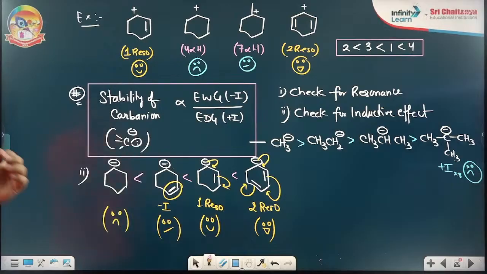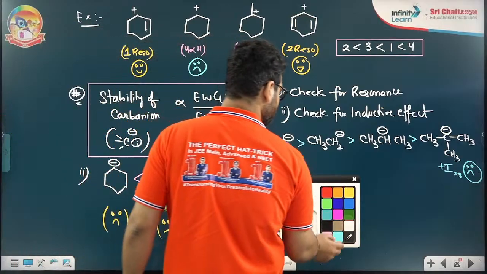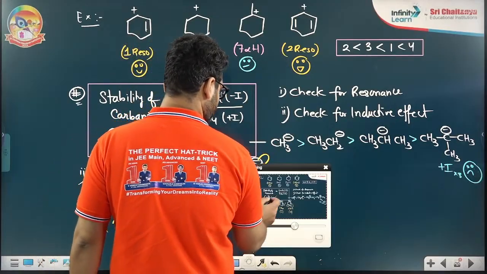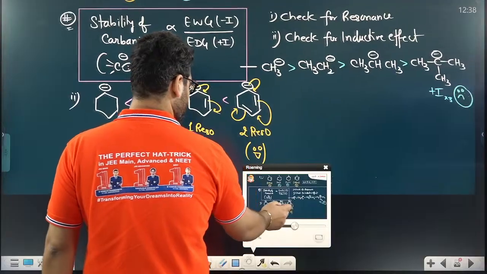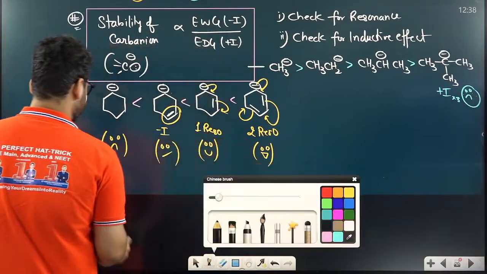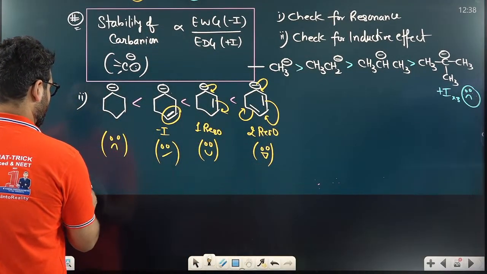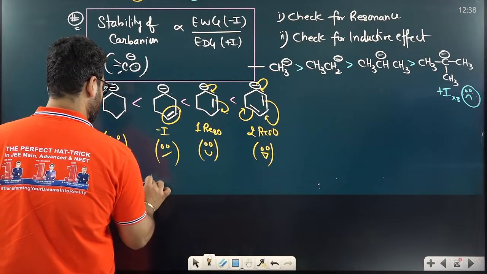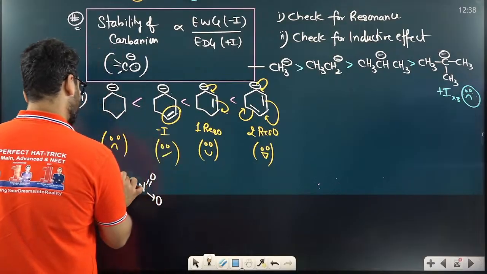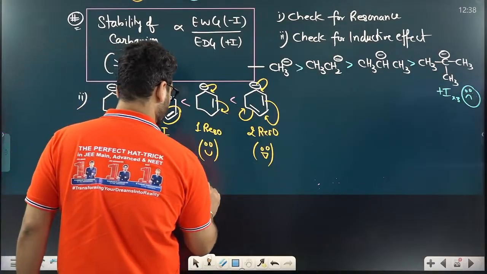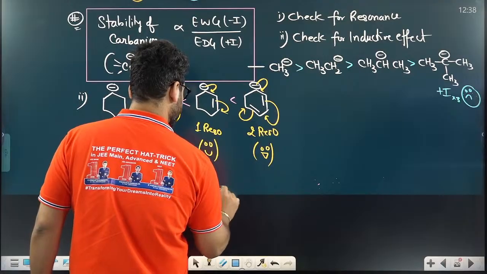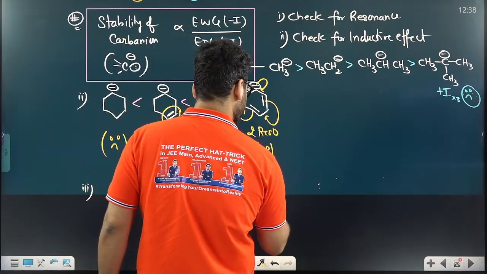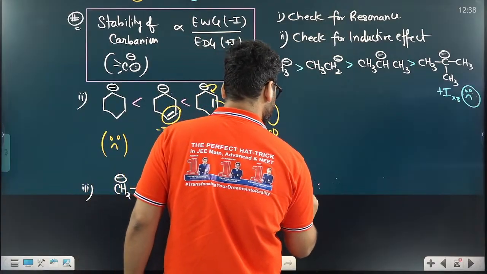Let me show you one more example. If I take carbanions which look like this, CH2 minus NO2, CH2 minus CH3, CH2 minus CH2NO2.